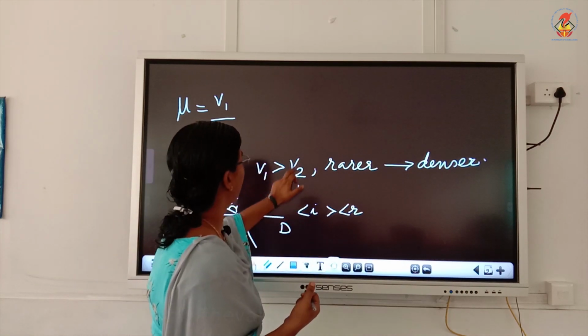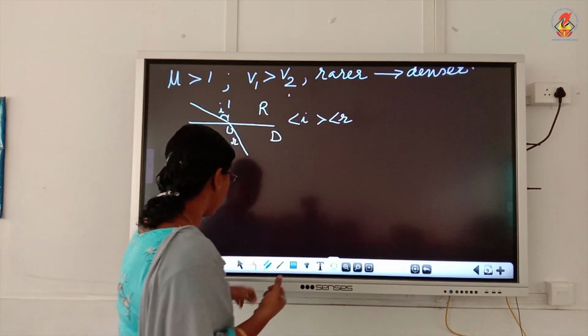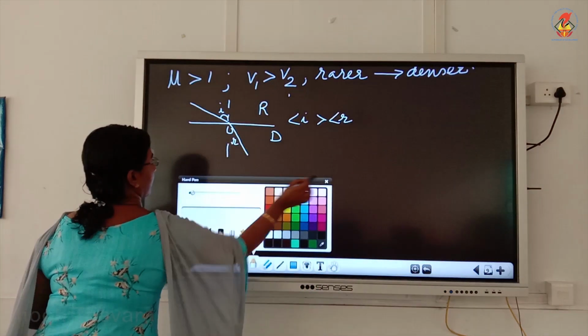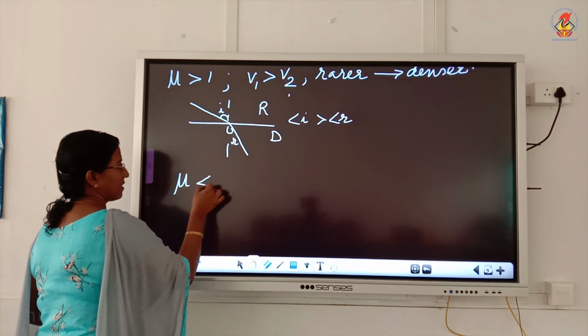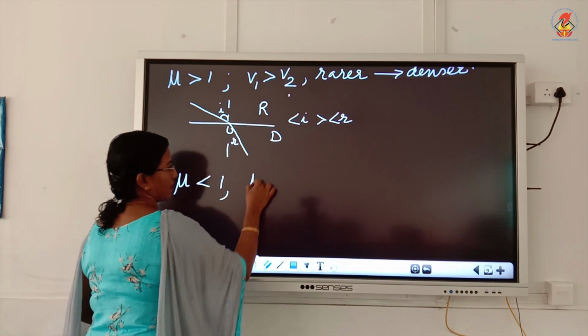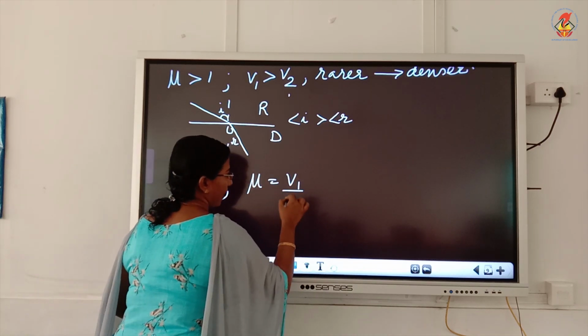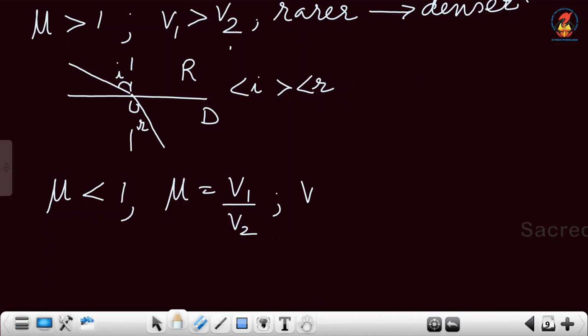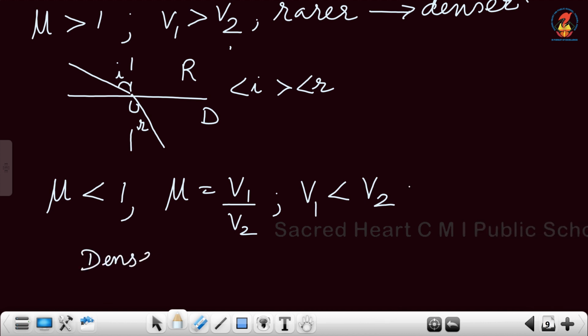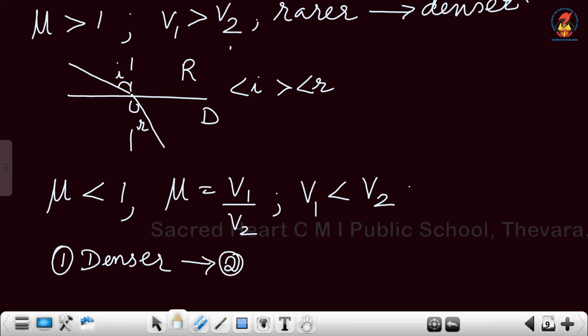If the value of refractive index is less than 1, if mu is less than 1, then what happens? Mu is equal to V1 by V2, which means the speed of light in medium 1 is less than the speed of light in medium 2, which means medium 1 is a denser medium and medium 2 is a rarer medium.